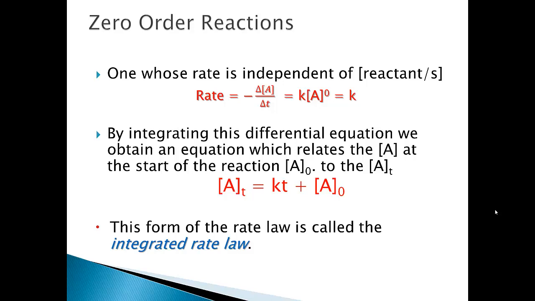So we take our initial concentration and to that we add the rate constant multiplied by the amount of time. This form of the rate law is called the integrated rate law, and you can see why it's very useful. Using this rate law we can work out how much of our compound we have at any given time based on how much time has passed.